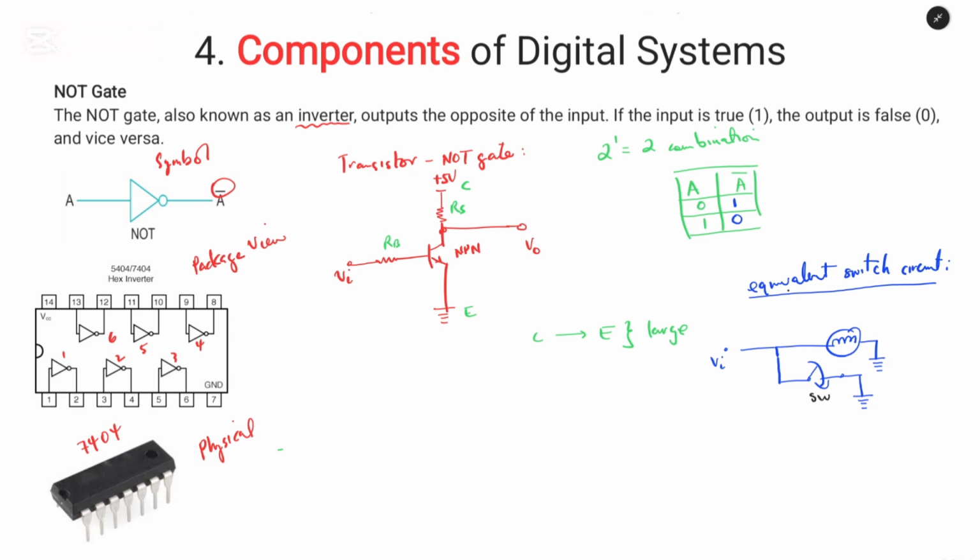For example, if we apply 0 volts at the input, this transistor will be off, and current will flow from 5 volts to the output, and the output will be on, having positive 5 volts. Similarly, if the switch is open, the current will follow this path and light up the lamp. In the other combination, what will happen if we apply positive 5 volts at the base of the transistor?